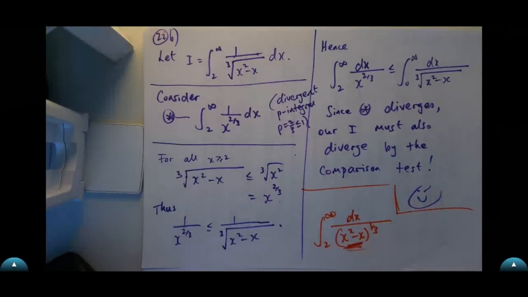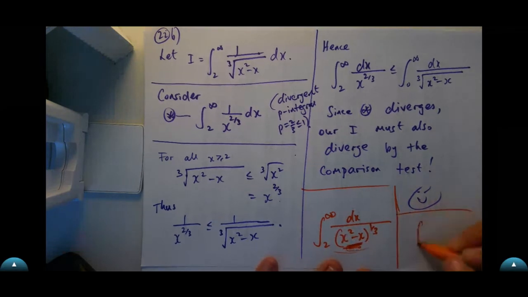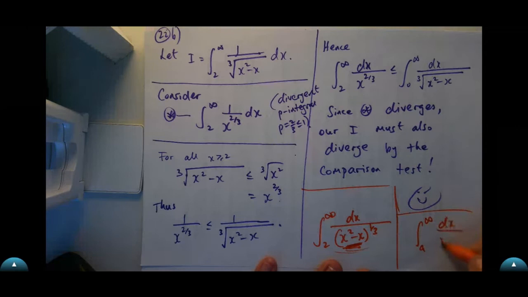But what about this? Maybe you need to make a substitution. I don't think you can use the p test straight on that because p tests are designed for these sorts of things, whereas here you've got x squared minus x. Does that make sense, Jovanka?